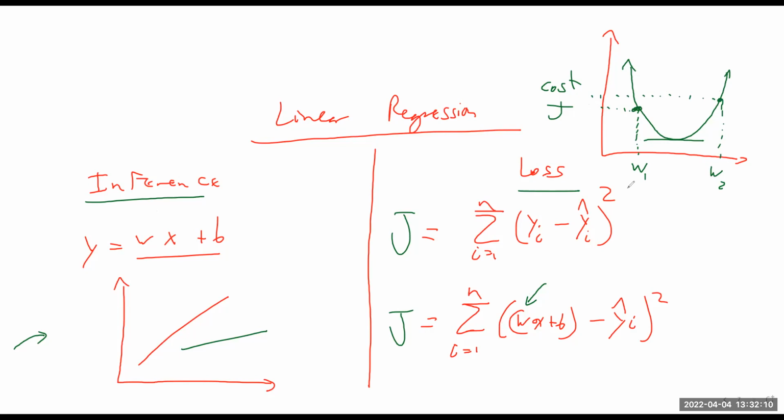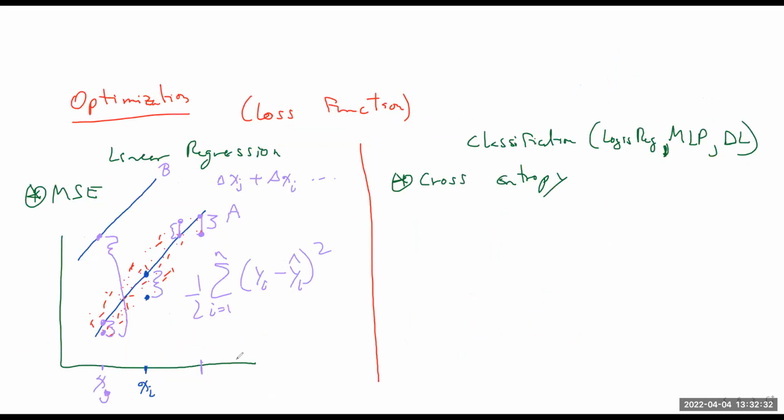So what is the optimal point there? Where would it be? The bottom, right? So W3, let's say, goes there, and the cost is minimized. That would give you this line, which is the one that fits the data most optimally. Do you see that, guys?